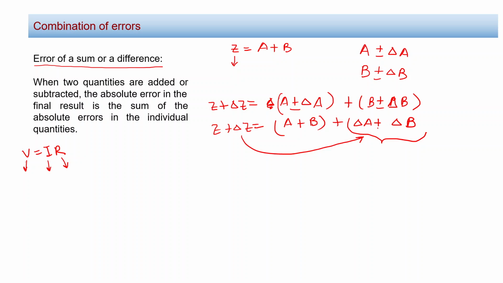There is a minus sign also, I agree, but what this means is the maximum error can be delta A plus delta B. The minimum value of error could be delta A minus delta B. Whenever we calculate the final error, we always take the maximum value possible. So when we add or subtract any two quantities, the error always gets added. That is the rule: when two quantities are added or subtracted, the absolute error in the final result is the sum of the absolute errors in the individual quantities. So it's always the sum.